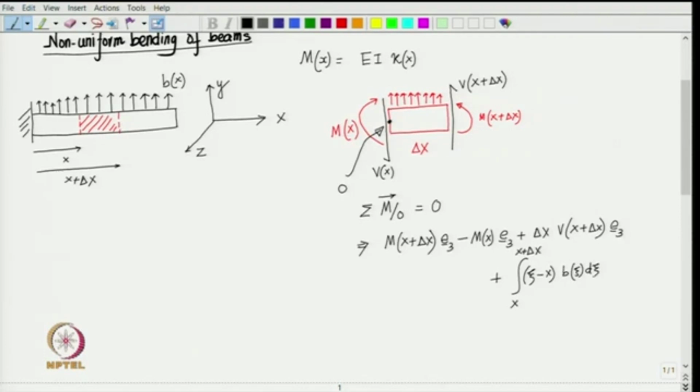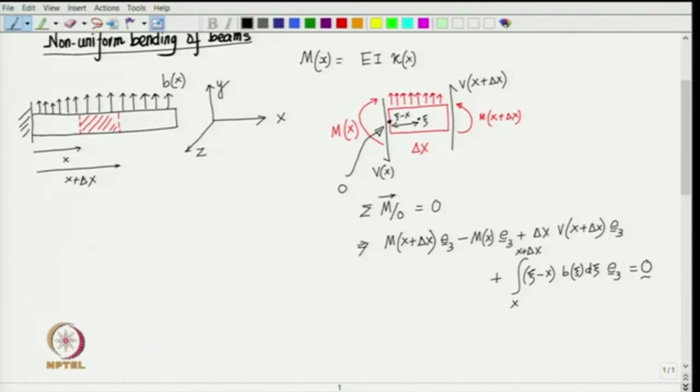Zeta minus x is the arm of the force from the point O; let us say this point is zeta, so this distance is zeta minus x. This is also in the plus E3 direction, and the total has to be equal to 0.